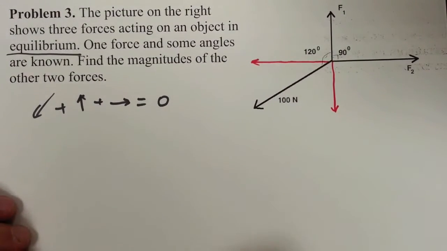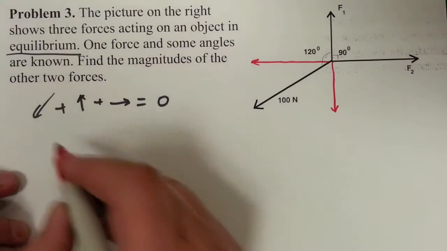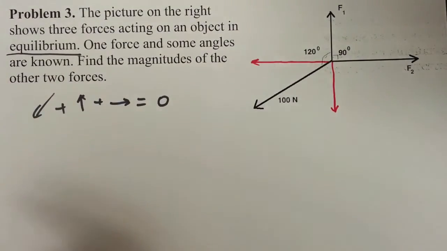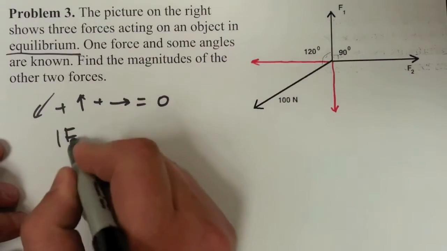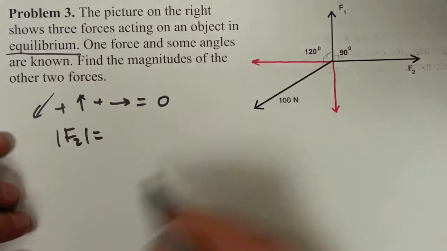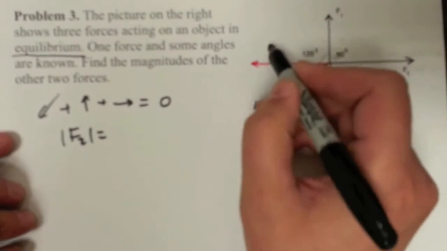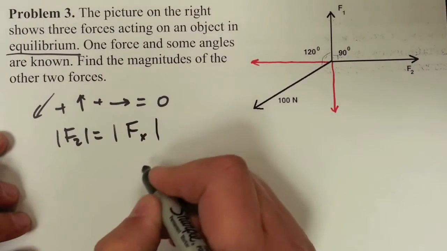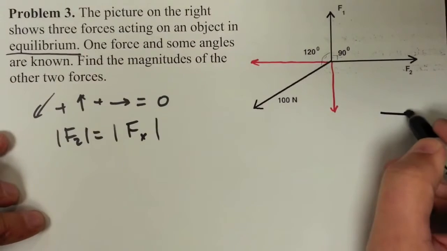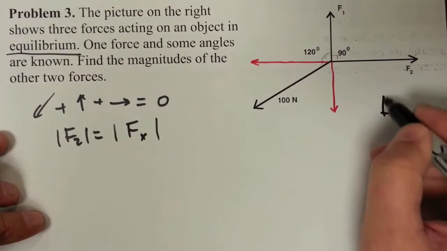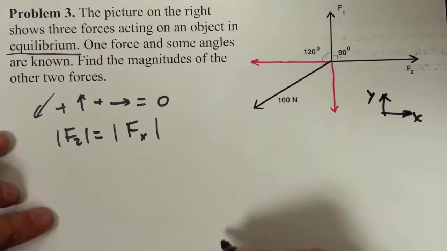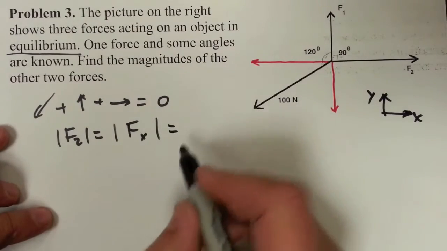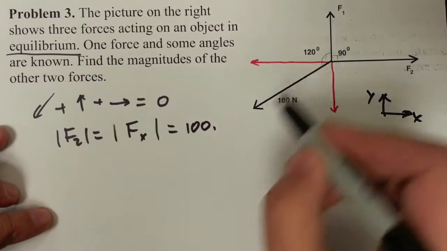So from this picture, the magnitude of the second force should be equal to the magnitude of the x component of the given force. Well, we choose natural directions, x and y, which has to be equal to 100, which is hypotenuse.